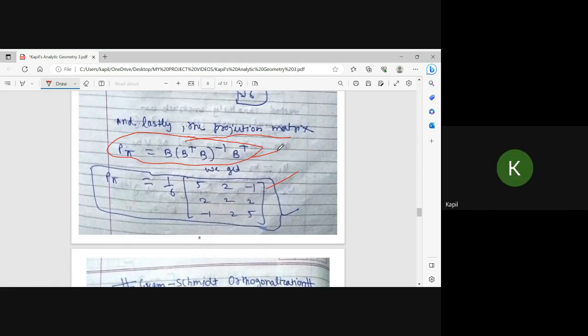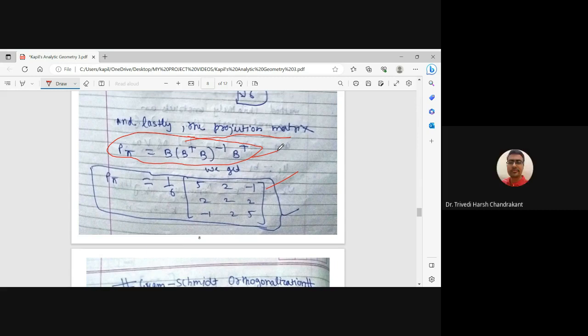When you apply it two times, it will be B transpose B inverse B transpose multiplied by B transpose B inverse B transpose. In between there will be B transpose B, which will cancel with one B transpose B inverse. So you will get the same thing, right?